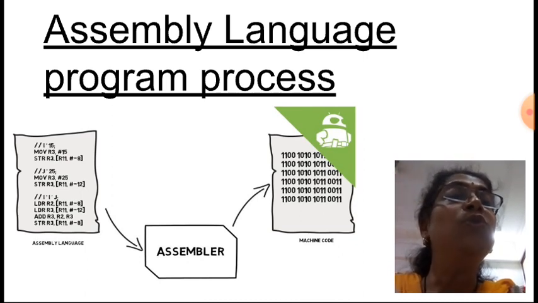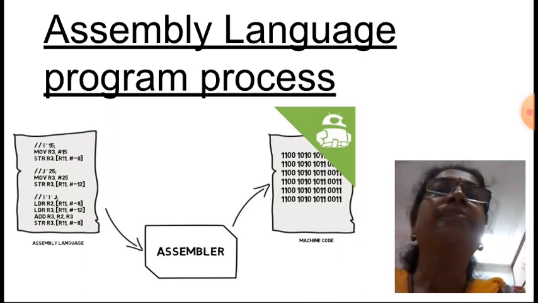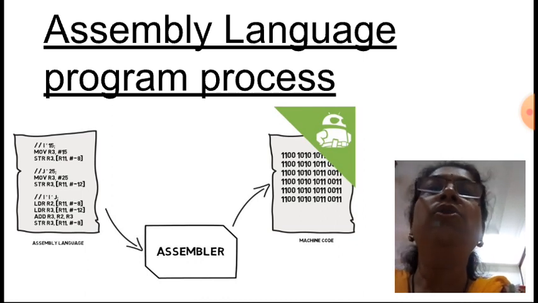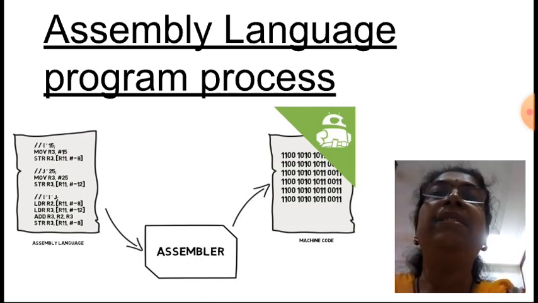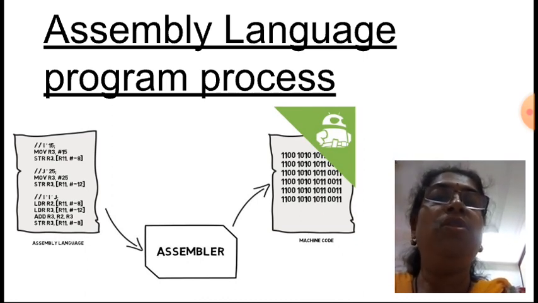That is called a source code. Source code means the assembly language which we want to convert, which is given on the left hand side.